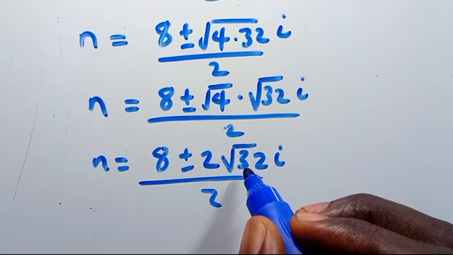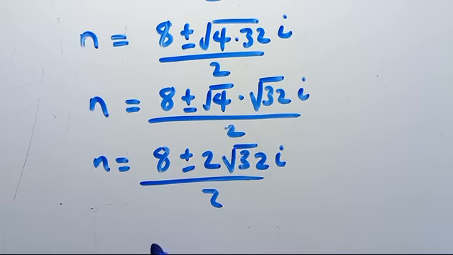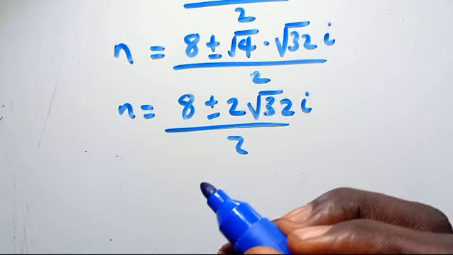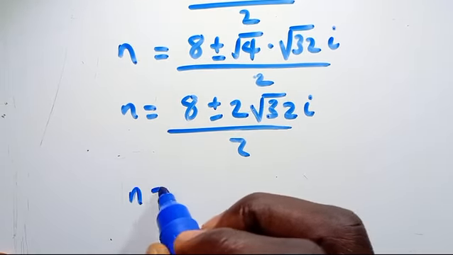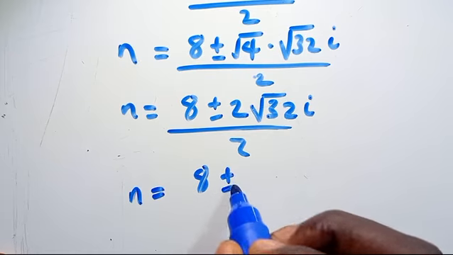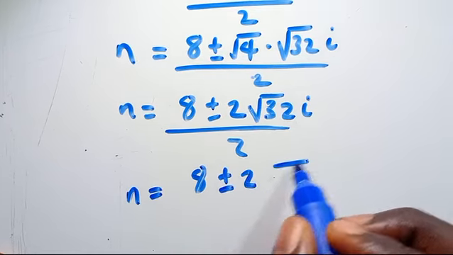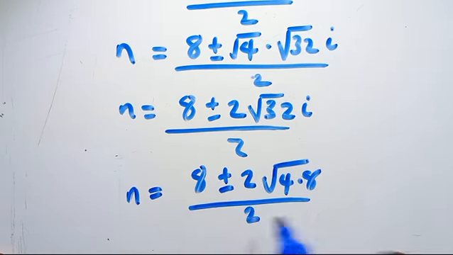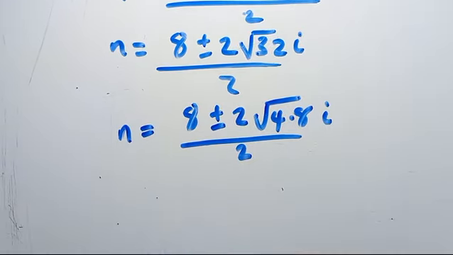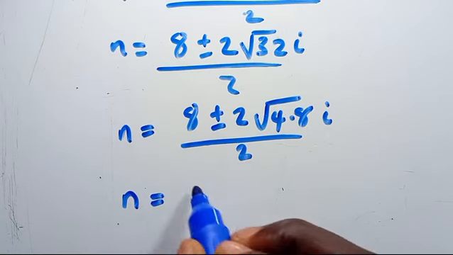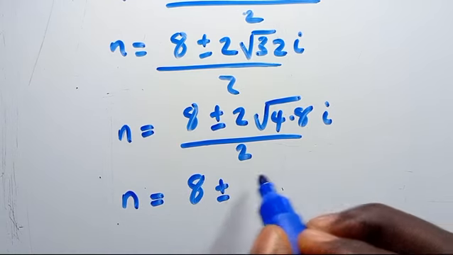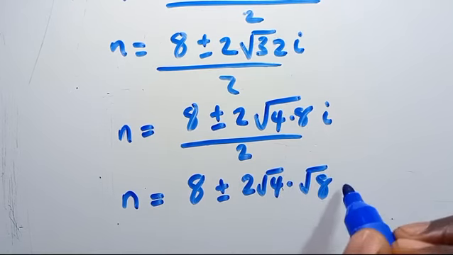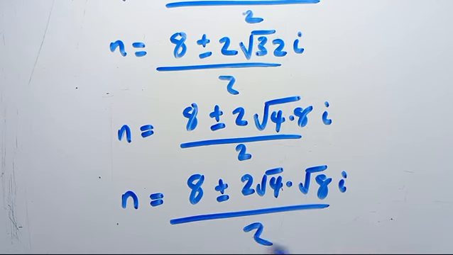So let's simplify this as 8 times 4 is 32. So we also have n equals 8 positive or negative 2 multiplied by root of 4 times 8, times i, over 2. We also have n equals 8 positive or negative 4 multiplied by root 8 i over 2.